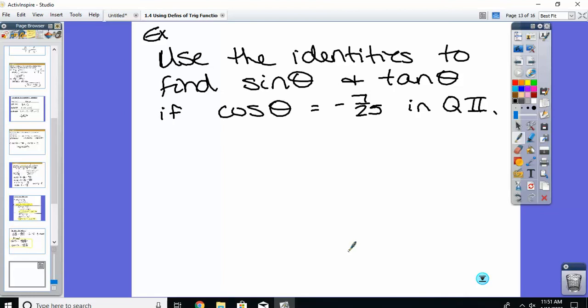You could most certainly do this the way we did the last example, where we pick out x, y, and r and go from there. This time I've asked you to use the identities just because I want to show you how those would be used here. So if I want to find sine, we know that cosine squared plus sine squared equals 1. That was one of the identities I gave you.